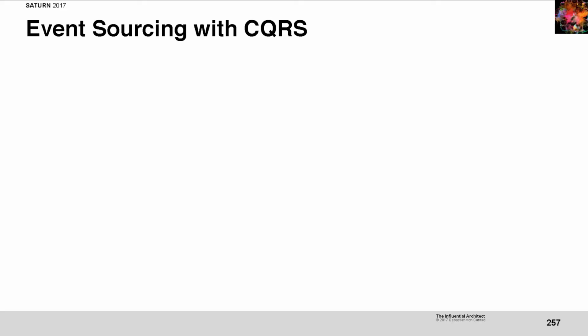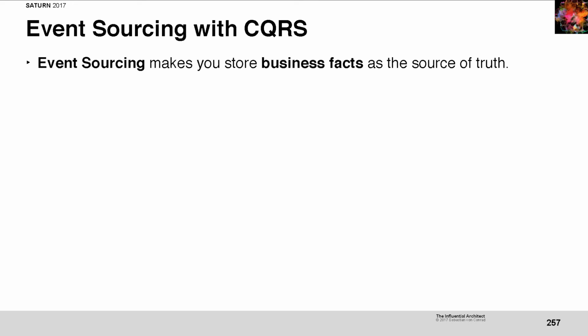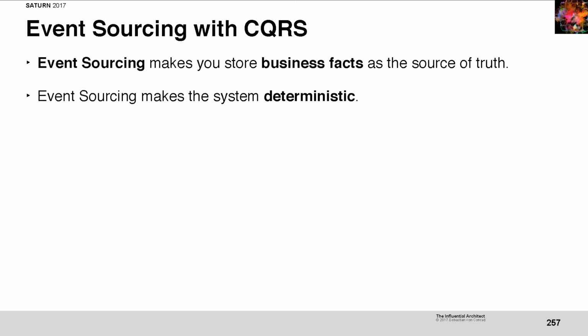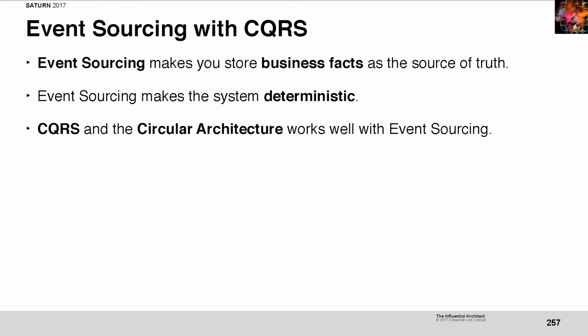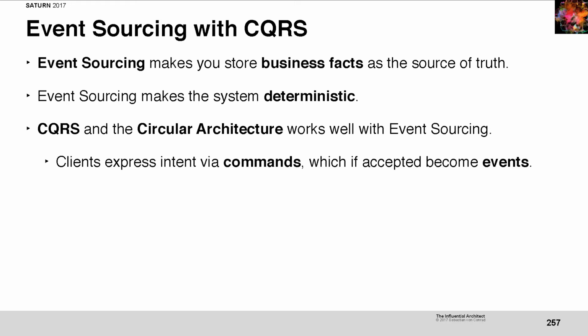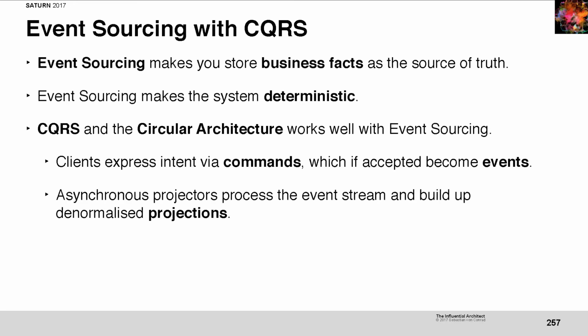All right. Quick recap. Event sourcing with CQRS. Event sourcing makes you store business facts as the source of truth. Event sourcing makes the system deterministic. CQRS and the circular architecture that we have works really well with event sourcing. Clients express intent with commands, which, if accepted, become events.